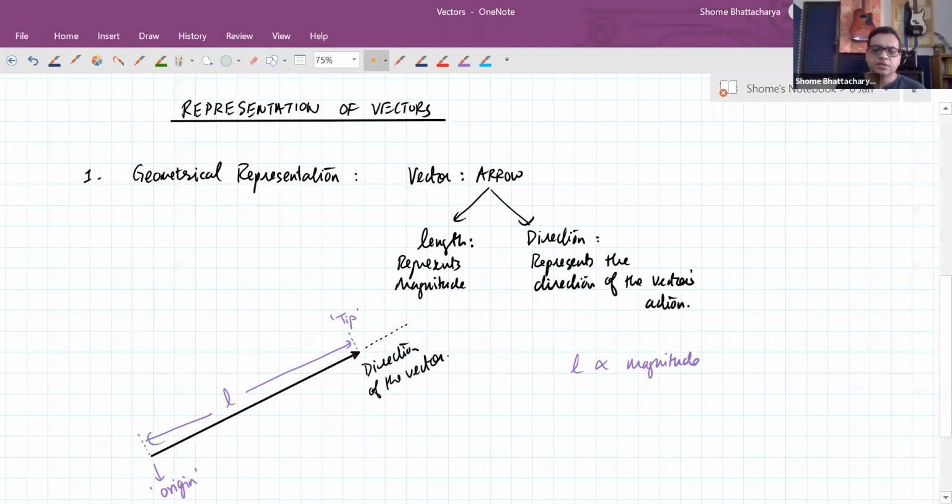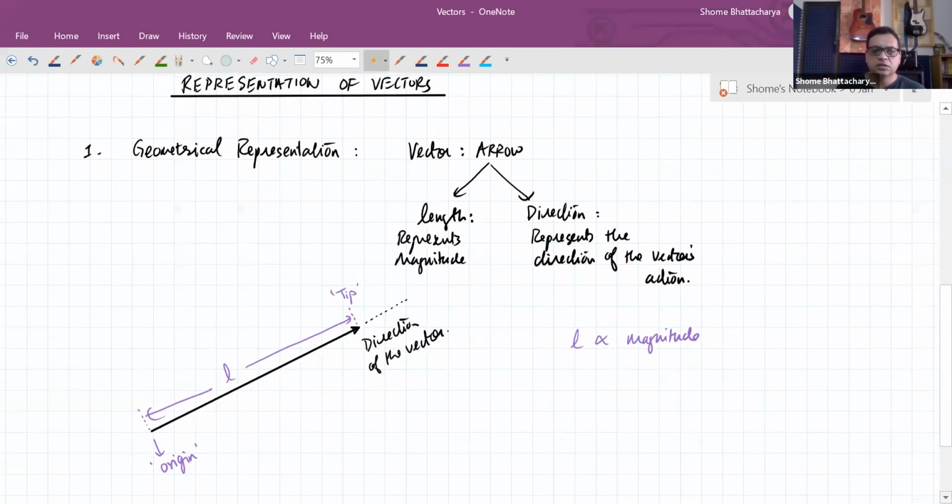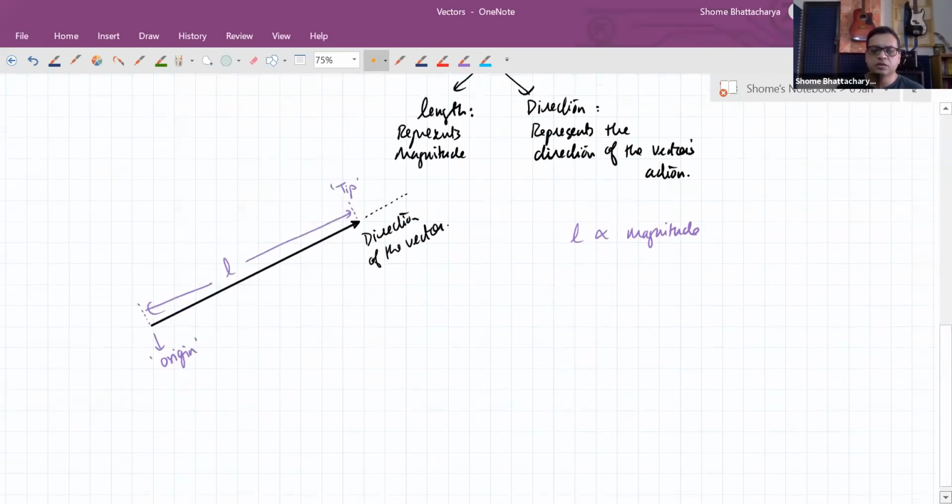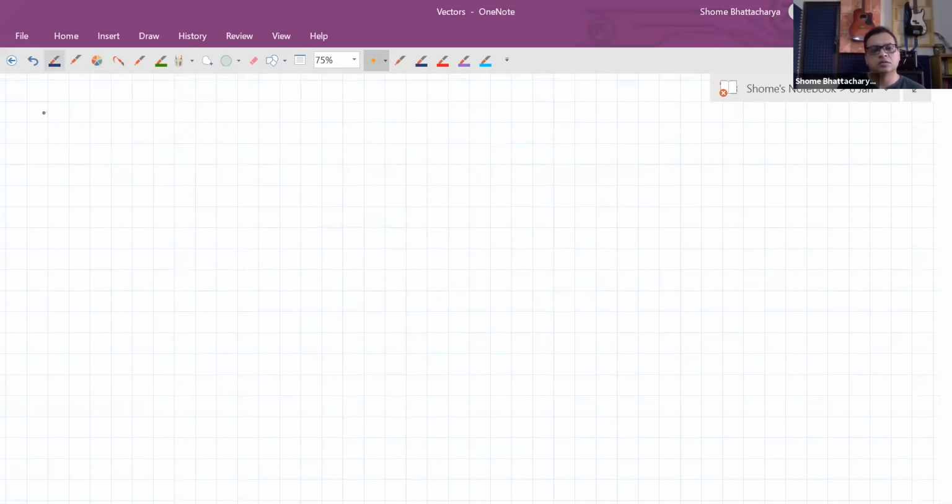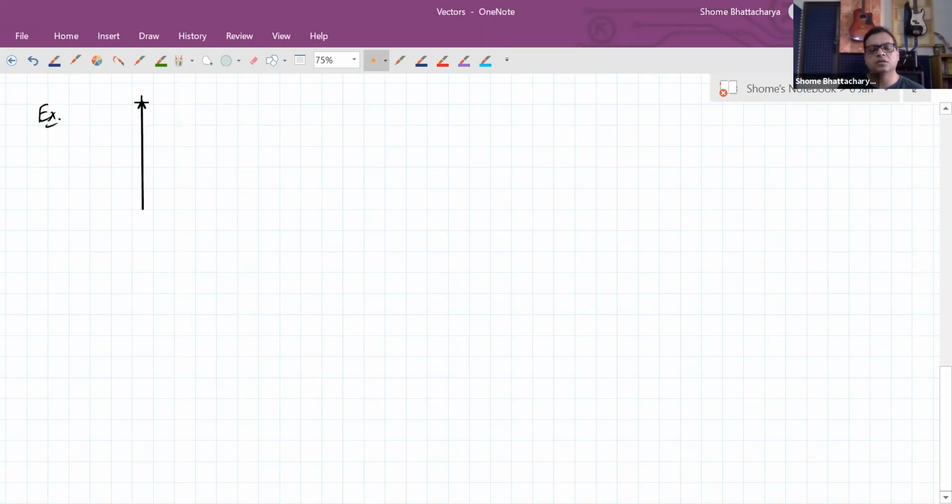So let's do a quick exercise to understand this type of representation. For example, if we have defined on our two-dimensional plane the system of geographical poles, as this axis represents our north and south, and this axis represents our east and west.